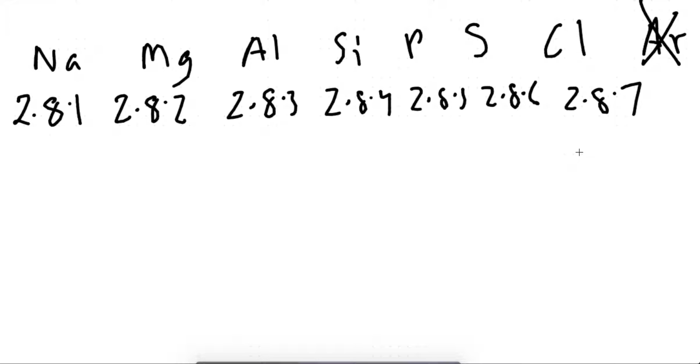Basically, what I'm trying to tell you guys is that as we move from the left to the right of a period, the electronegativity increases. The reason for this is the decrease in the atomic size. There's always a link, guys. When we go from left to right in a period, the atomic radius decreases, therefore the electronegativity increases. Let me just write that down.